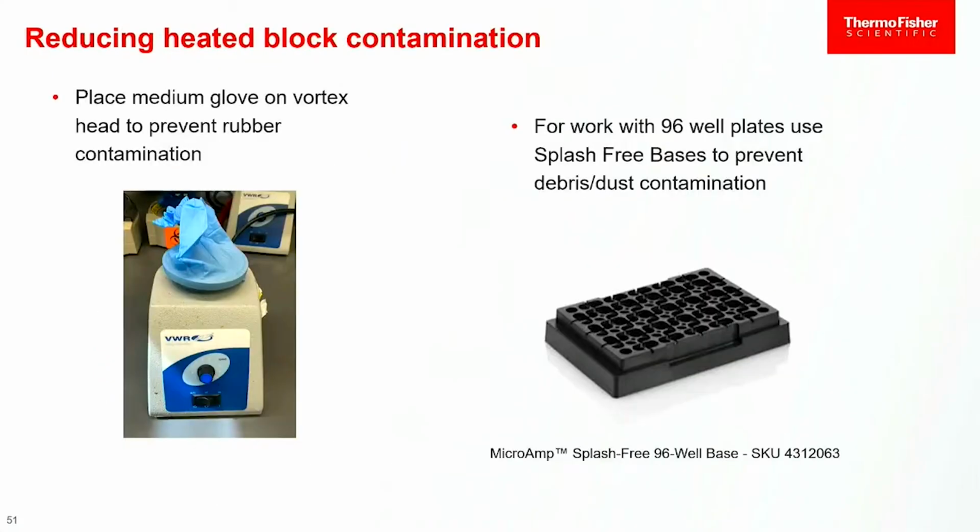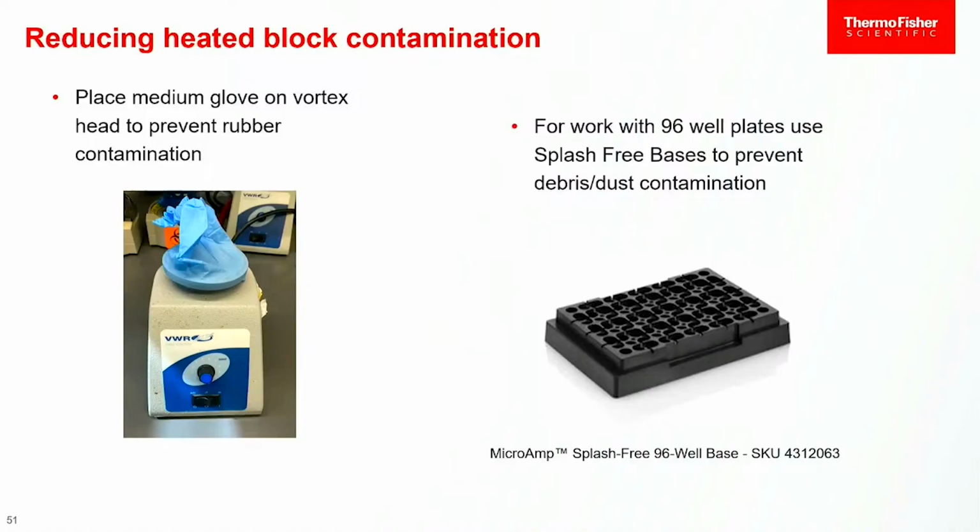You always want to make sure everything is vortexed and spun down before we start. What's going on with this vortexer? I've taken a glove and put it over the top. If you've ever had vortexers that have been around for a while, that head starts to shed the little black things, the little rubber pieces.